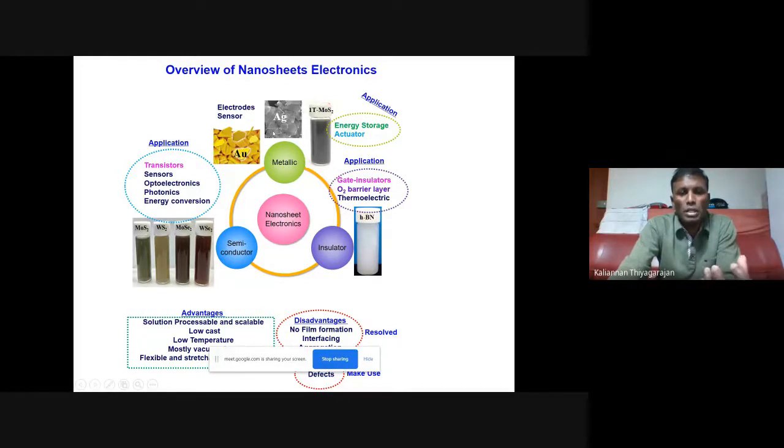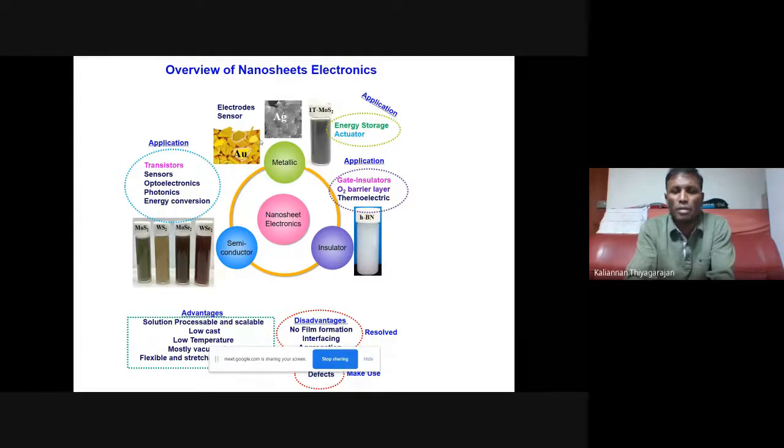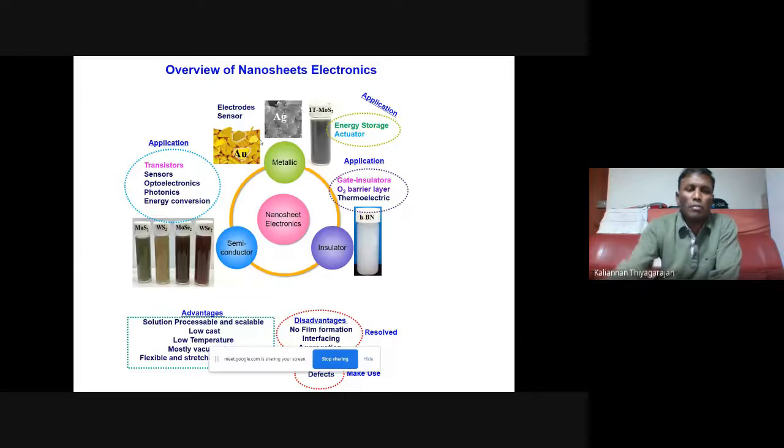Nobody used them as an active layer, meaning as a semiconducting material or as an energy storage material. So my aim is to develop those things, like stretchable semiconductors and stretchable energy storage devices. That is the focus of my work.